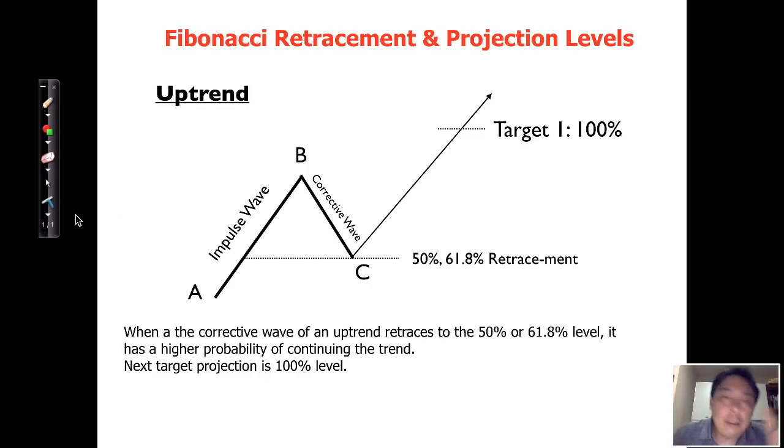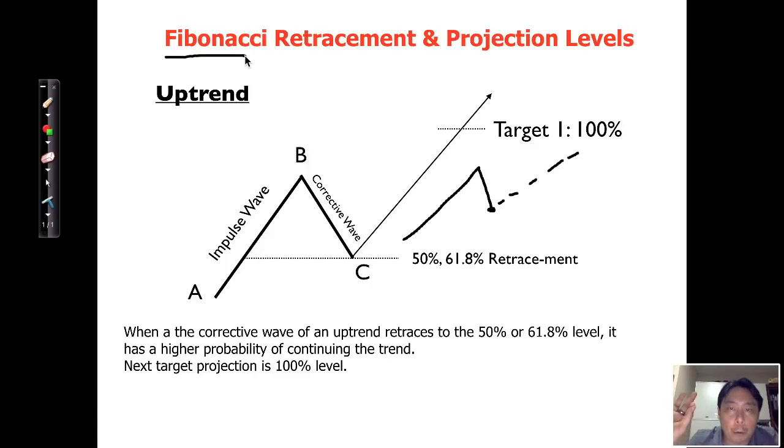So if you've watched my other videos, you learn that I look for an impulsive wave going up, then a corrective wave, okay? So again, how do I know that this is the end of the corrective wave and it's going to move up? Again, I don't know for sure, but how I find a high probability entry is I use the Fibonacci ratio.